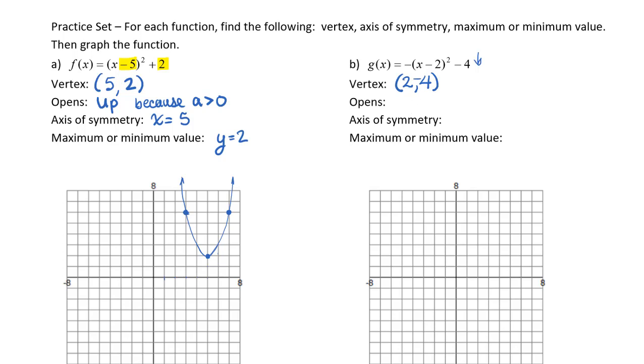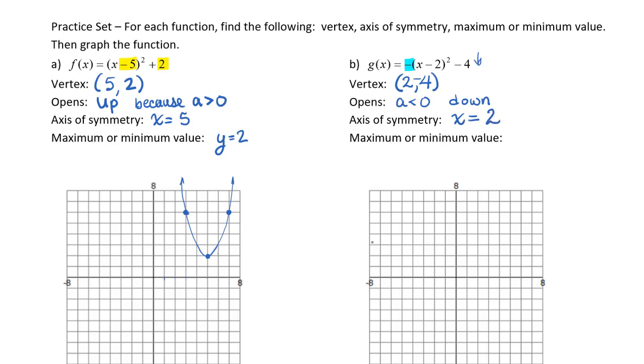Since we have a negative sign in front of the function g of x, we know that a is less than 0. So it opens down. The axis of symmetry is always the value of x at the vertex, so x equals 2.